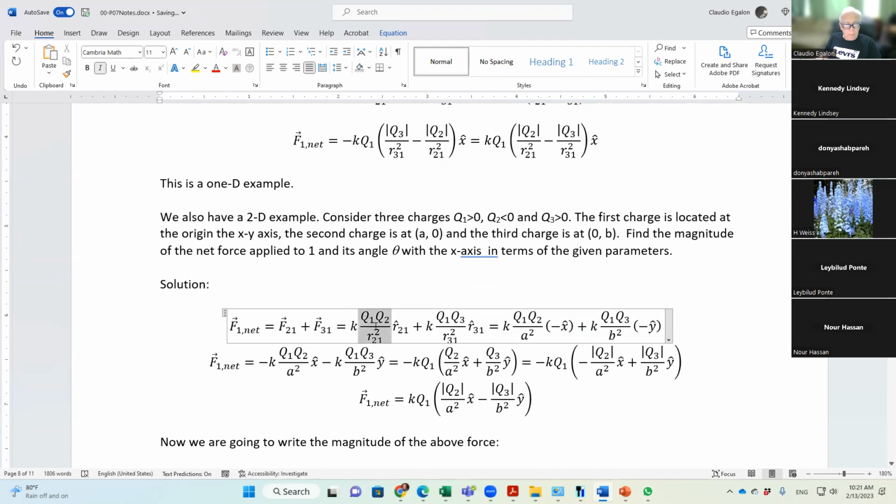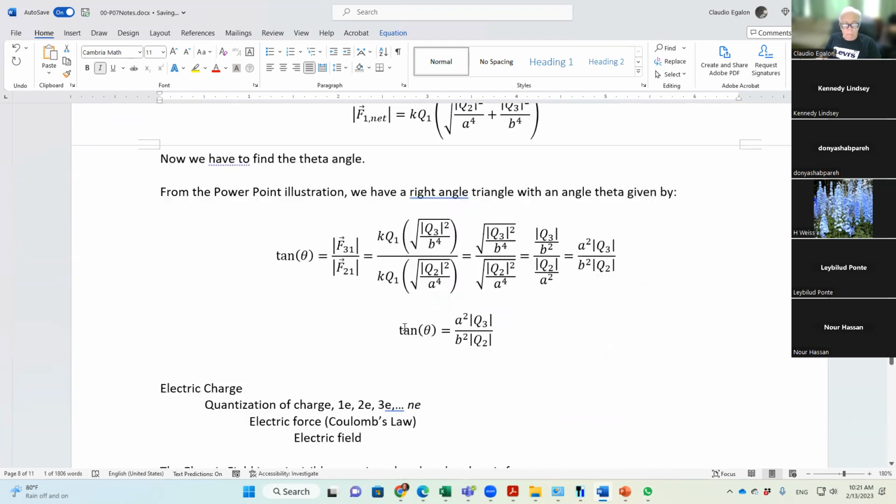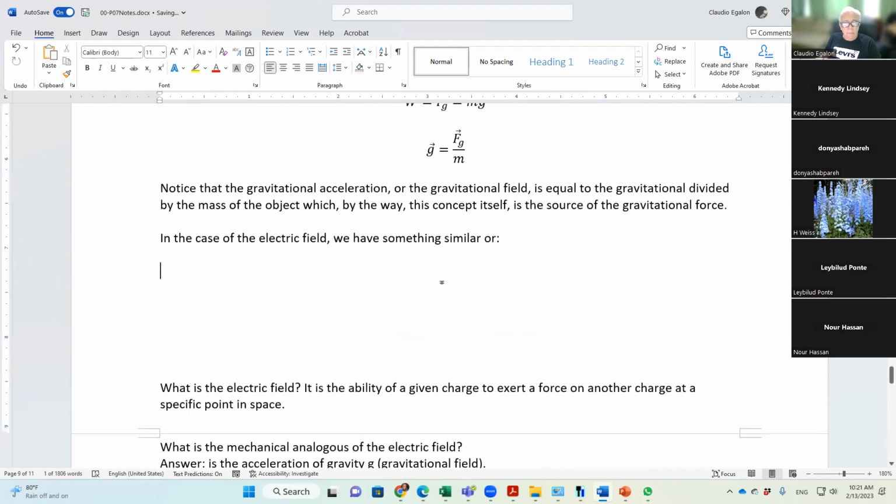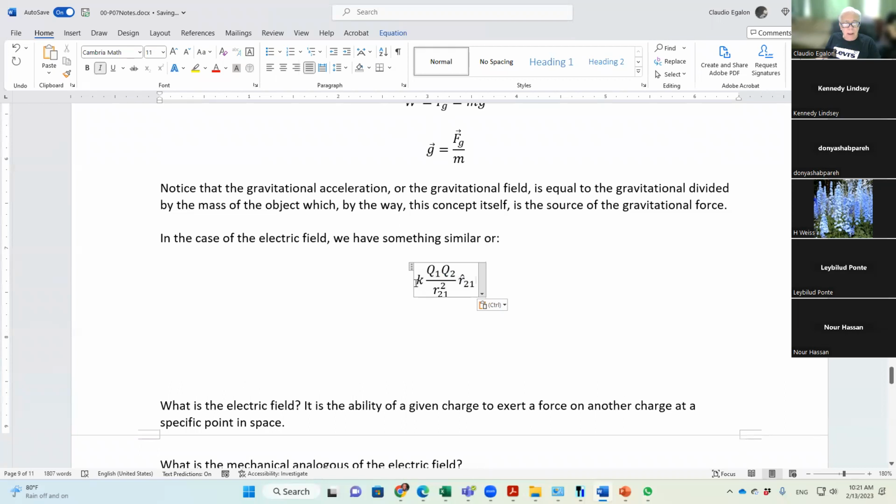Now I'm going to define the force between a test charge and a main charge.